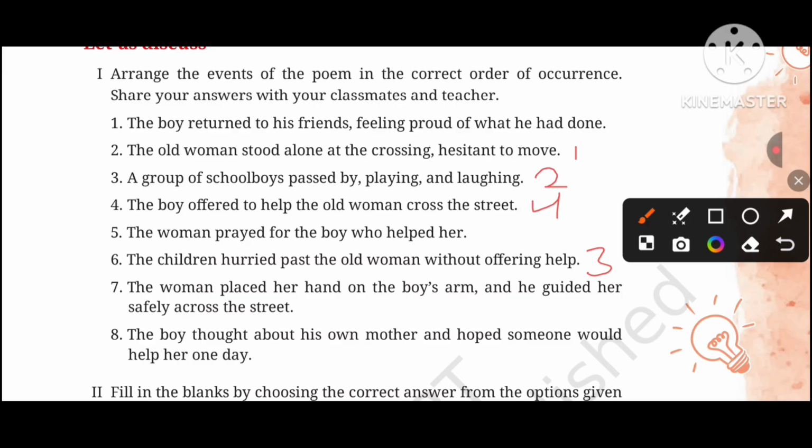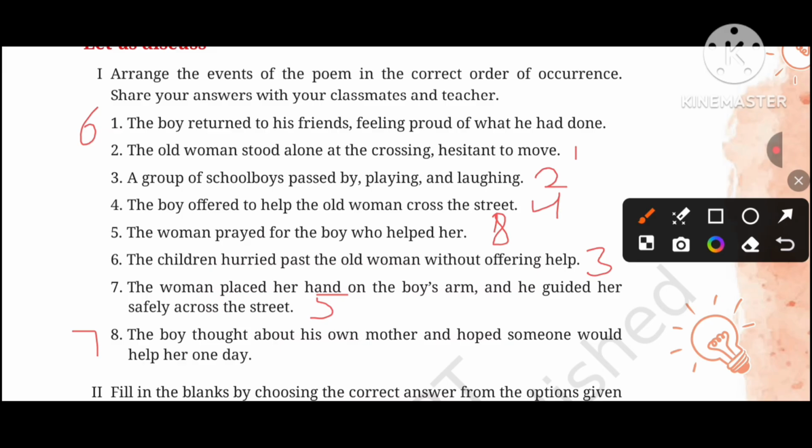Next, the woman placed her hand on the boy's arm and he guided her safely across the street. Next, the boy returned to his friends feeling proud of what he had done. Next, the boy thought about his own mother and hoped someone would help her one day. And the last one is, the woman prayed for the boy who helped her.